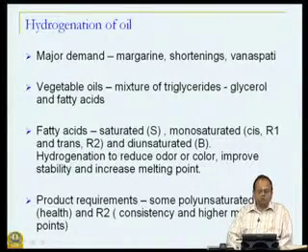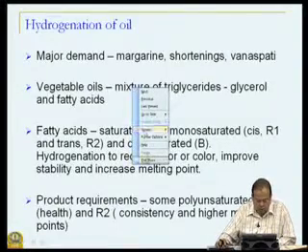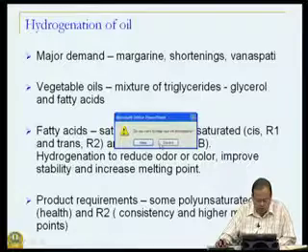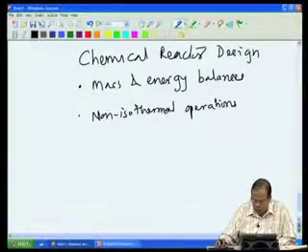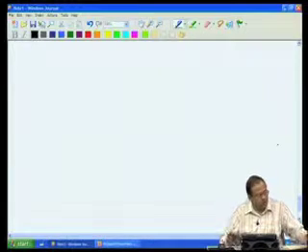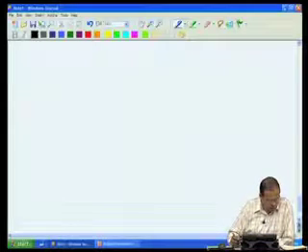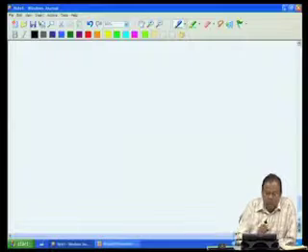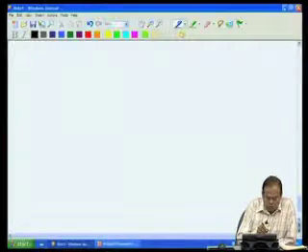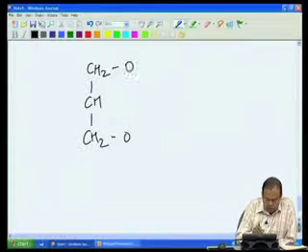So, what happens when you hydrogenate oil? Let us see what is oil. As you know, oils, for example, if you take cottonseed oil or any such oil, it is actually a triglyceride. So, it is an ester of glycerol, whose basic backbone is this.